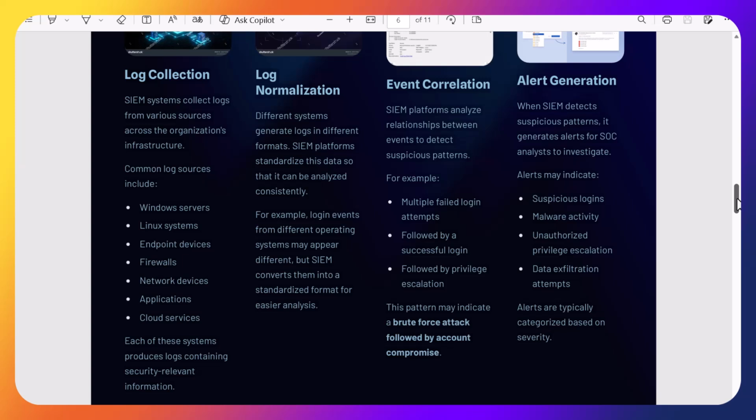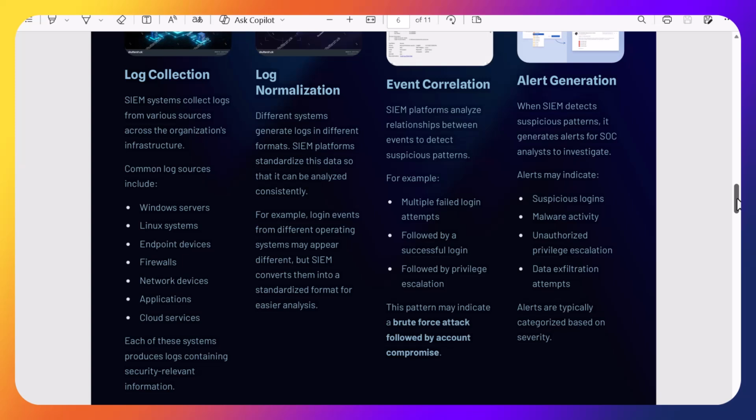Each of these systems generates logs containing security relevant information such as login attempts, system errors, file access events, and network connections. SIEM platforms collect all these logs and store them in a centralized location for analysis.